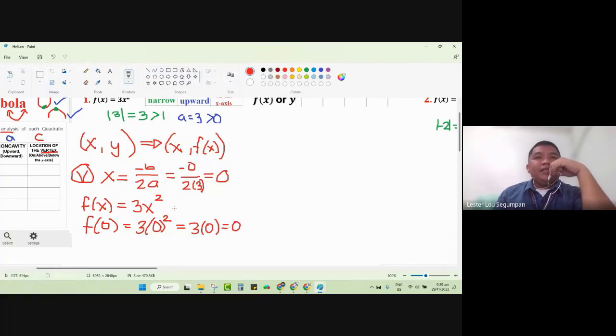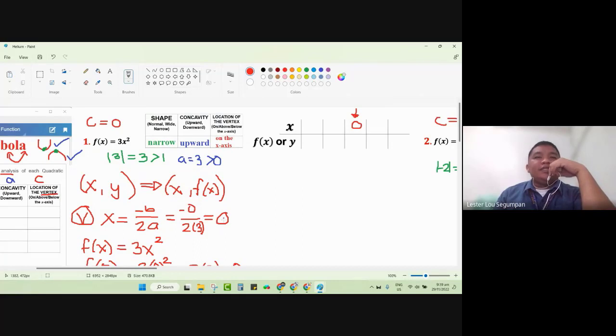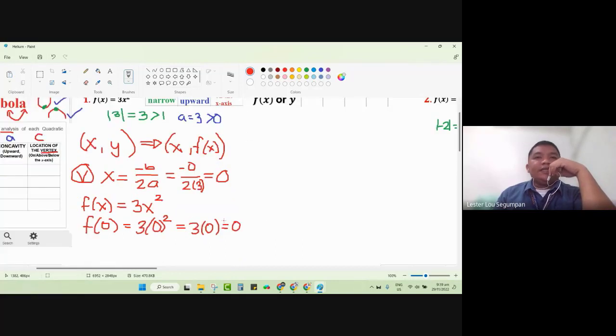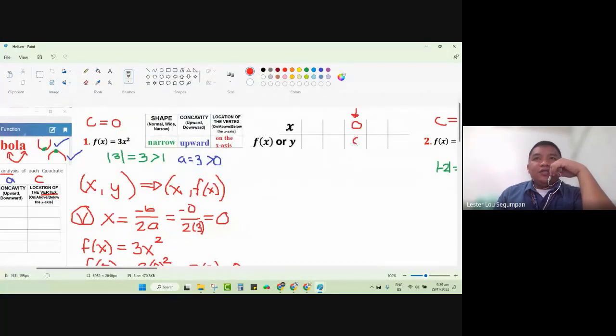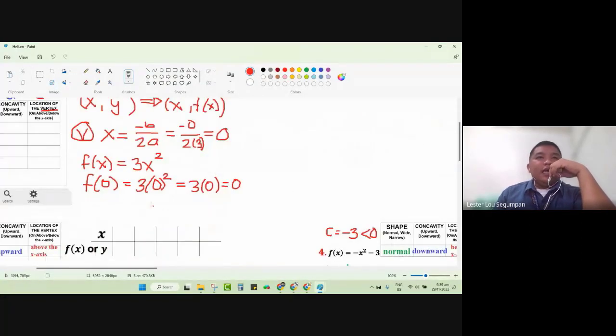So the partner of the x coordinate, which is 0, for the vertex is also 0 for f of x or y. So 0, 0. Or in short, our vertex is at 0, 0.